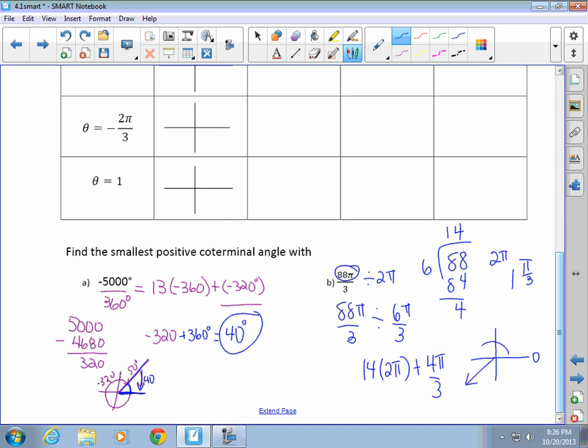So 1 pi gets me to here, and another third pi puts me to there. So that means my smallest positive coterminal is going to be pi over 3.